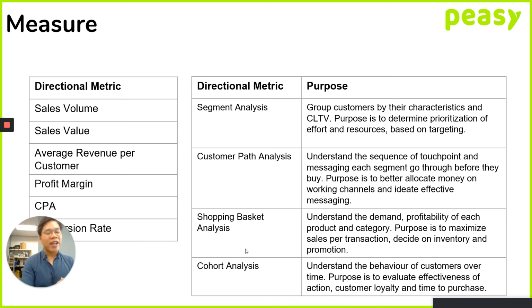You will look at your inventory. You will look at the buying pattern. What are the normal mixtures of products people have in their shopping basket, and you try to maximize the sales value per transaction, right? And the reason is simple. You pay a lot to get that guy to come to your website and buy.